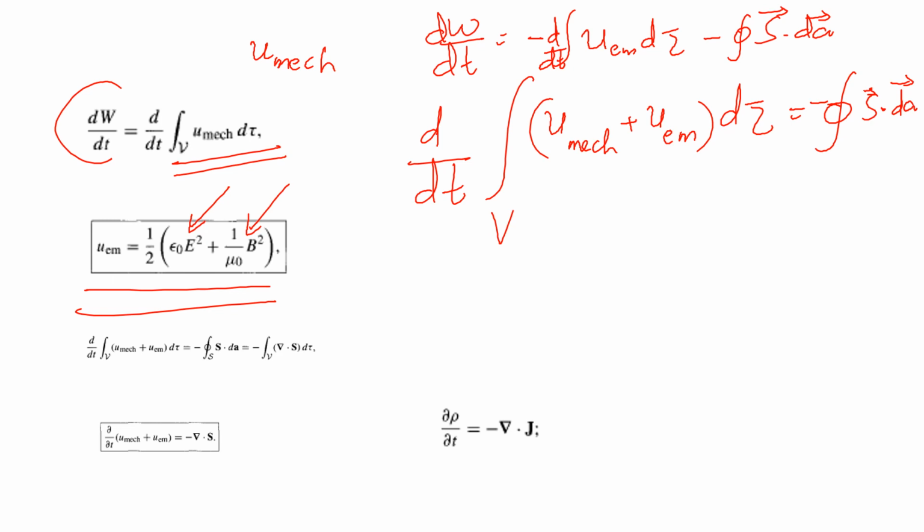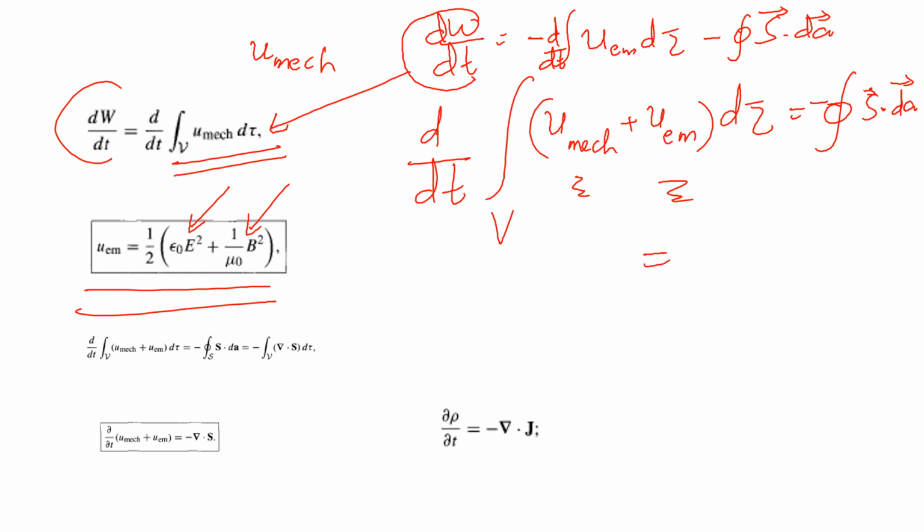So here we know that this work done by the electromagnetic field is utilized for changing mechanical energy. So that work done is replaced by d by dt of integral U mechanical d tau, and rearranging we got d by dt of U mechanical plus U electromagnetic is equal to minus the surface integral S dot dA, where S is the Poynting vector.